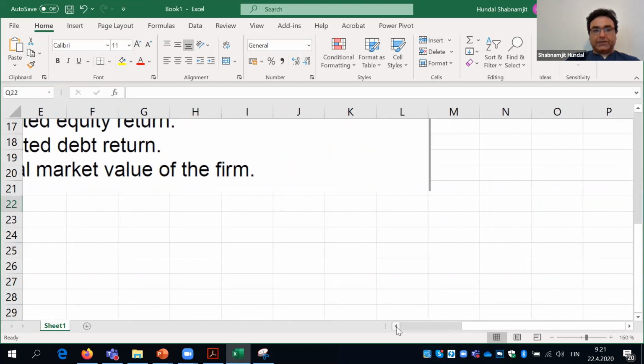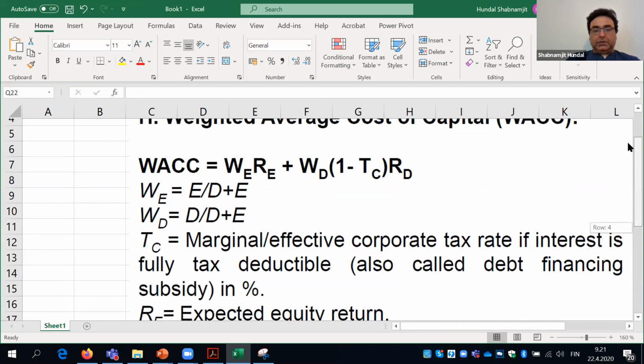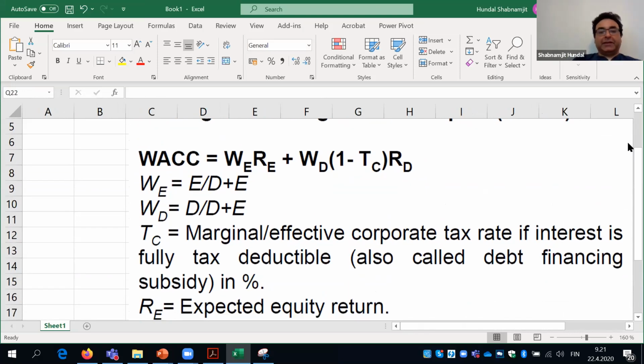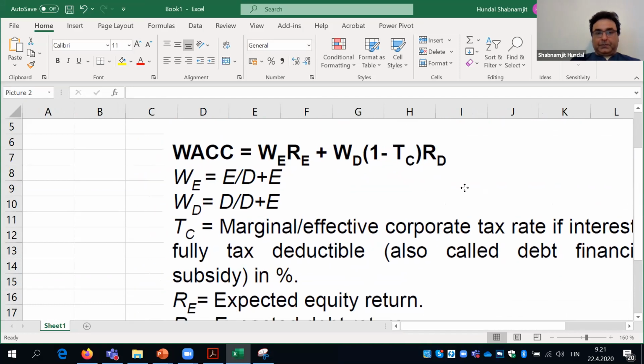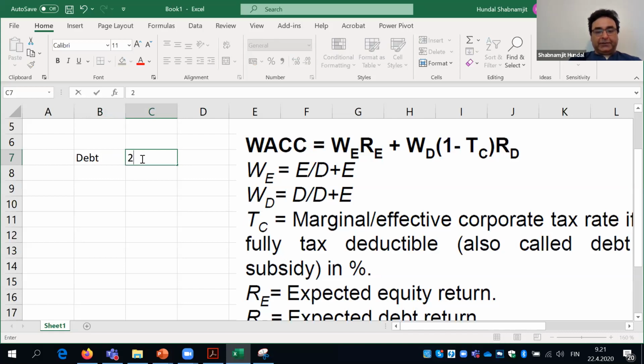Okay, so let's do it. The weighted average cost of capital is equal to the cost of... So let's say that we have the total debt in the company, and let's say it's 2 million.